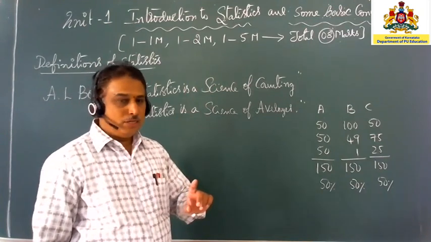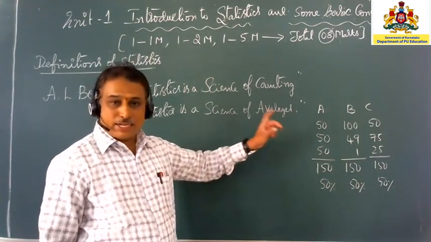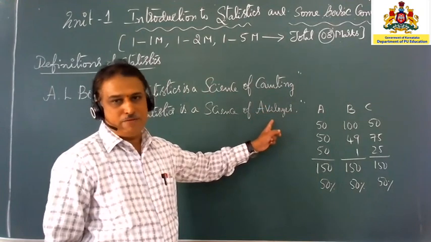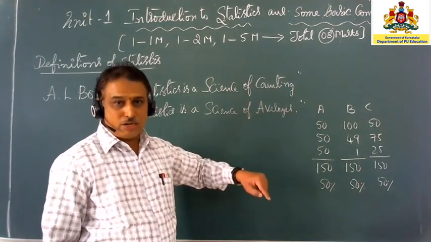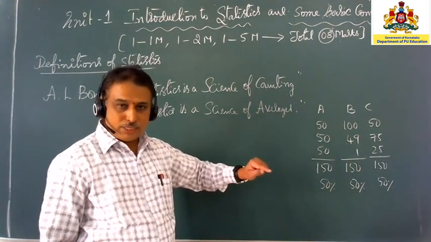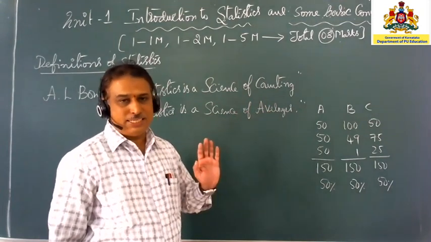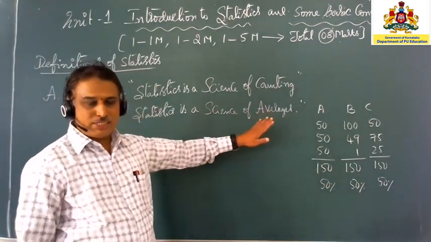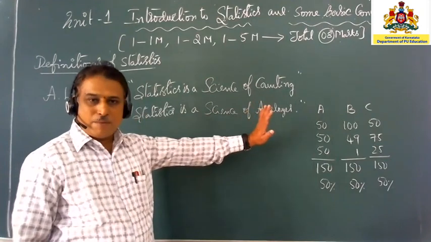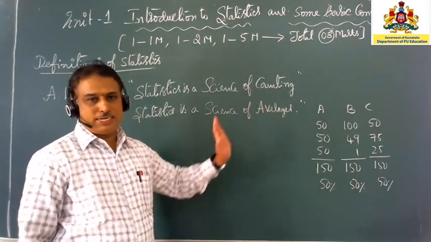That means you are not getting the conclusion based on the average. You are getting the conclusion based on the consistency. That's why this definition is also not the complete sense of statistics.